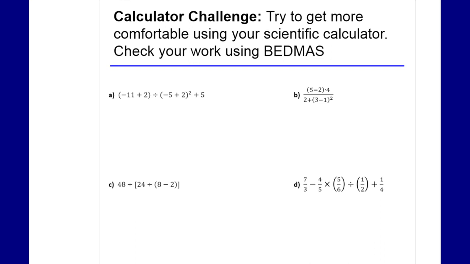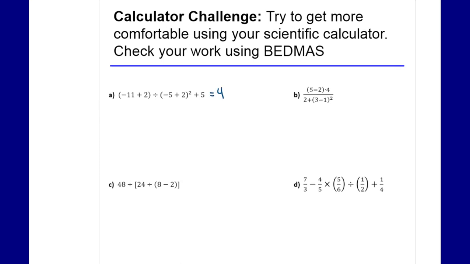I would recommend, if you do have a scientific calculator, or if you're going to get one, to try to get one that shows everything that you're doing on the screen. That way, when you enter everything in, for example, I just entered in brackets -11 plus 2, in brackets, divided by -5 plus 2, squared, plus 5, and I got my answer as 4. So I should have an answer of 4.